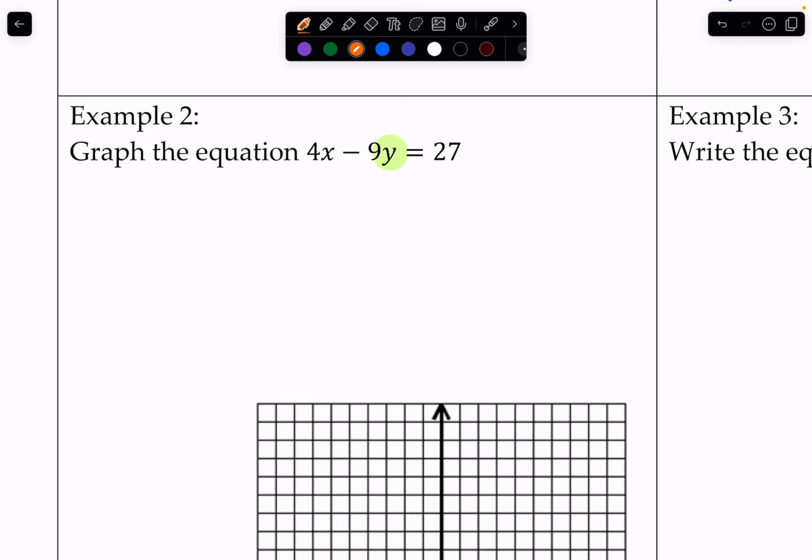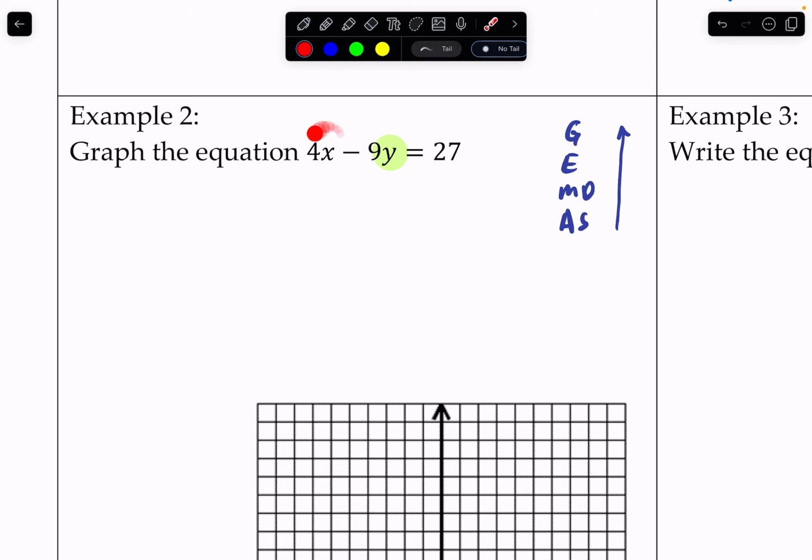First thing I'm thinking about doing is, can I add or subtract? If we recently learned the order of operations, when you are trying to undo things or solve something or isolate something, you tend to go in the reverse order of operations. So I'm actually going to be looking for something I can add or subtract, and that is whenever I want an entire term to go away.